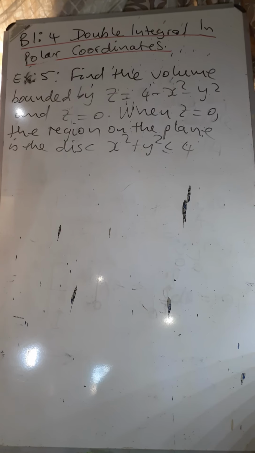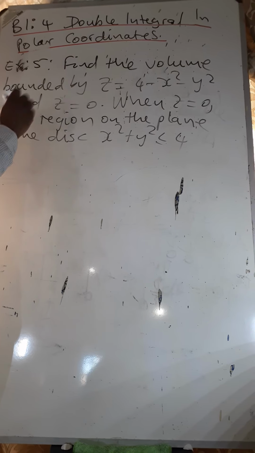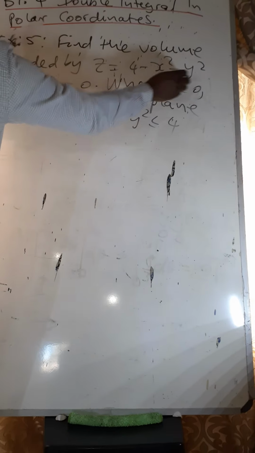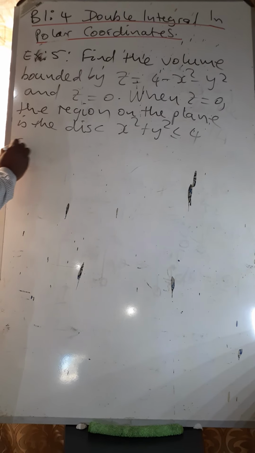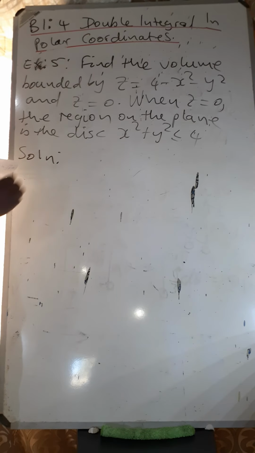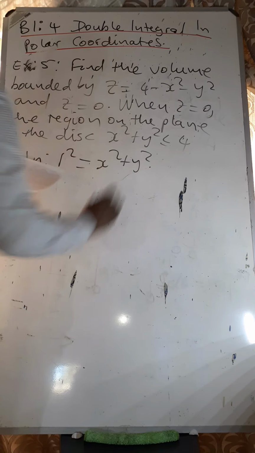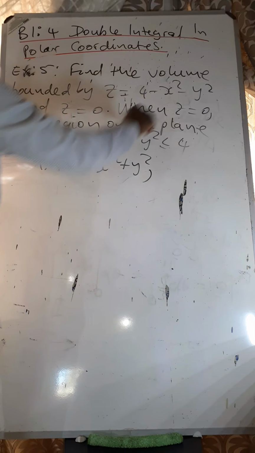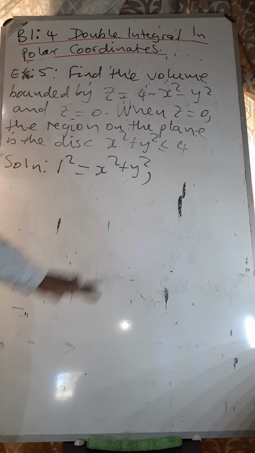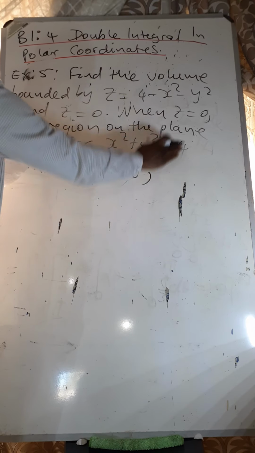But here we don't have the f(x, y) straightforward. We generate it from here. Okay. Now we know that r squared is equal to x squared plus y squared from the polar, and here we have on the xy plane, z is 0, which means we have got this here. When z is 0, we have this disk.